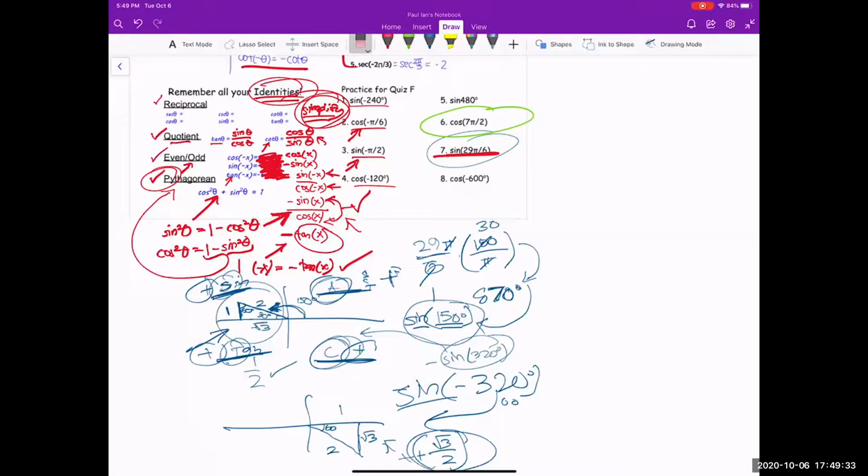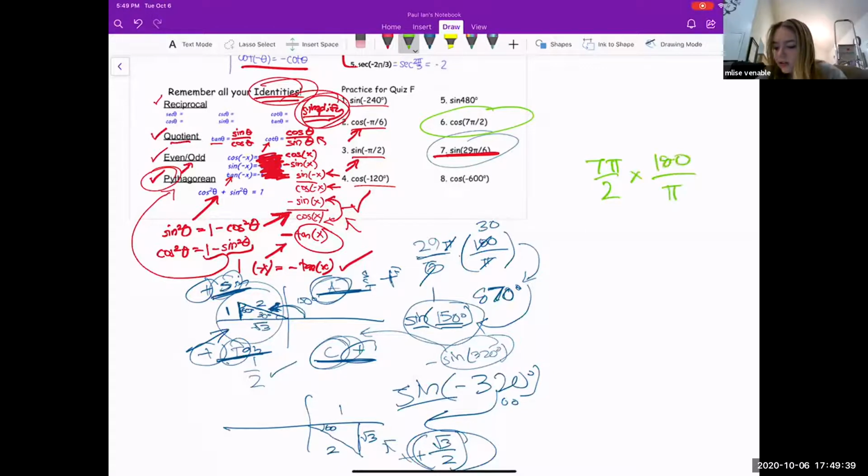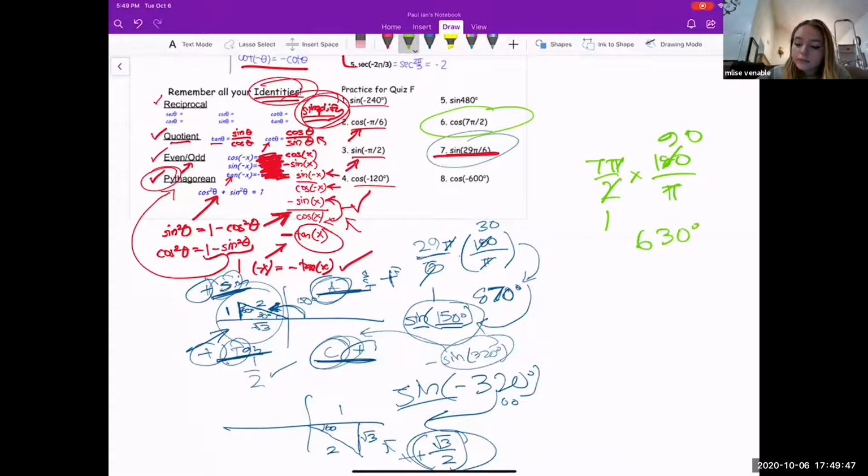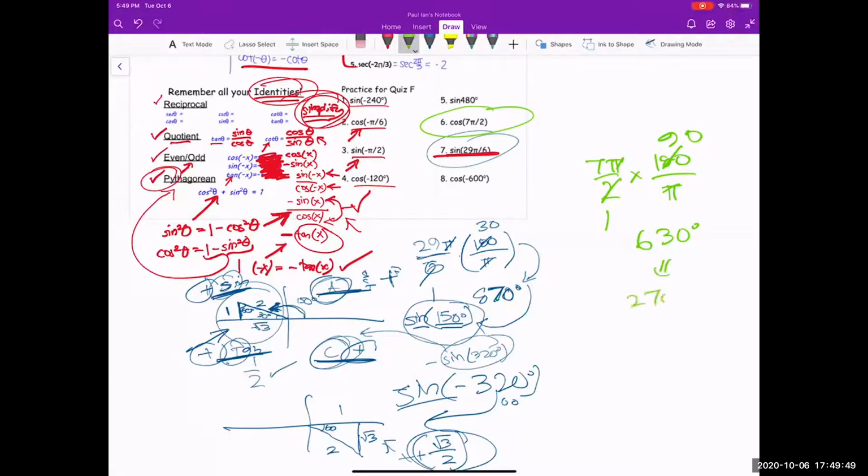Yeah, let's try to do that one. 7 pi over 2 times 180 over pi. 90, 630, right? And then what is that? I think it's 270 minus 360. Right. So it's going to be the cosine of 270.